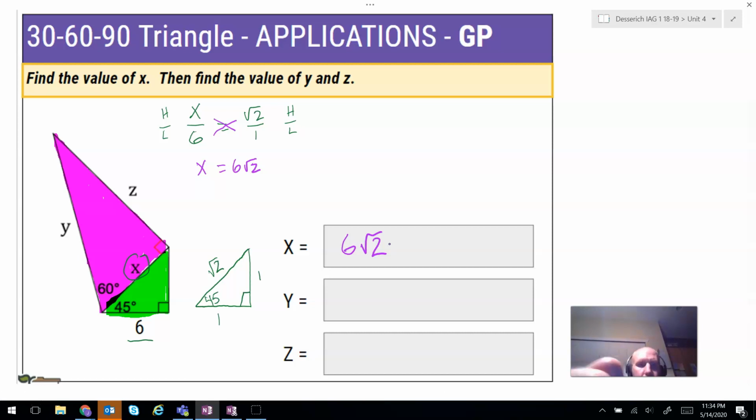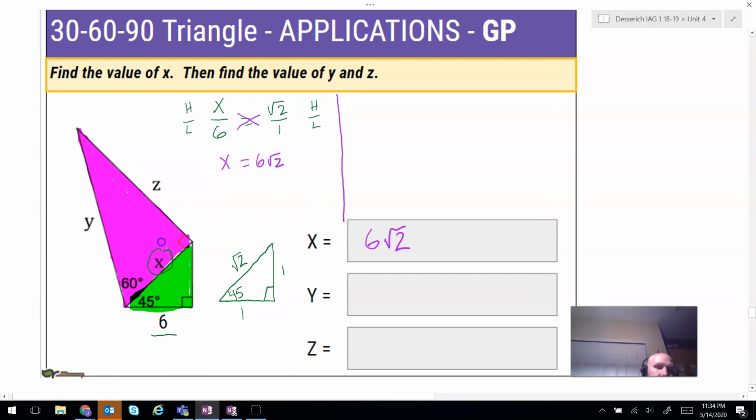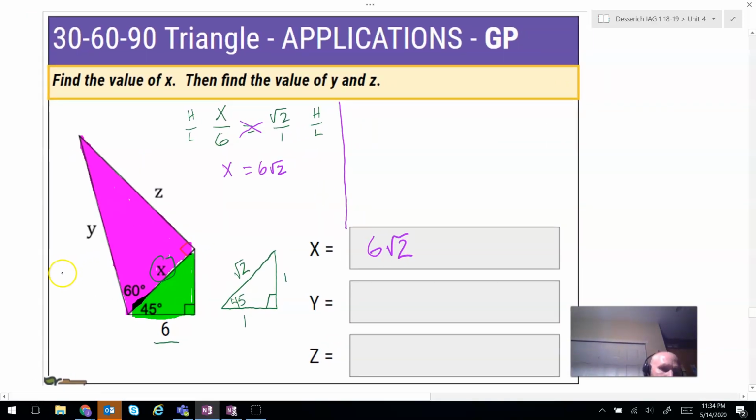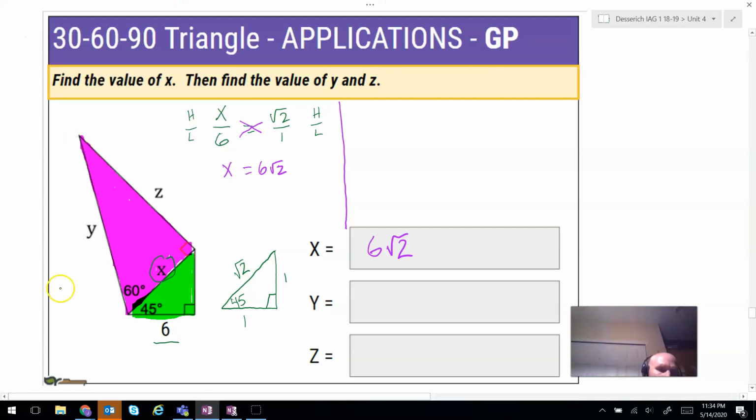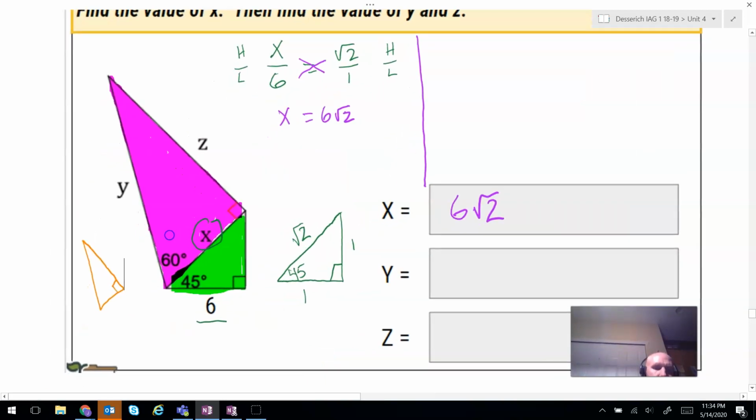I'm going to go with y because if you notice, we've got a 30, 60, 90 triangle here with y. Let me go ahead and draw that in orange. And we've got boom, boom, boom. I'll draw a little version of Thelma here.